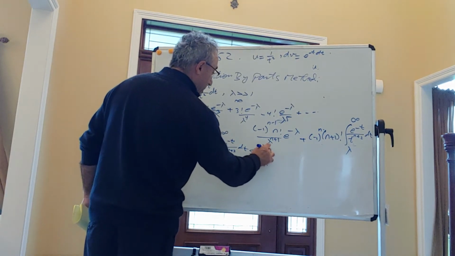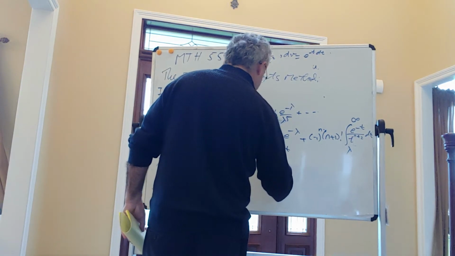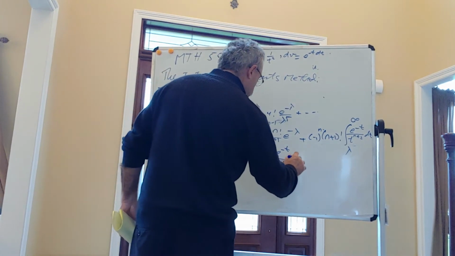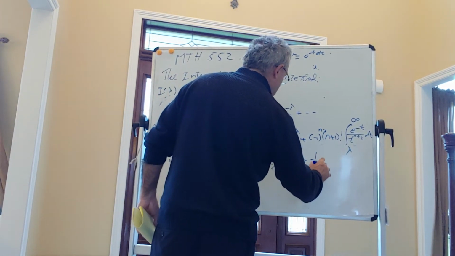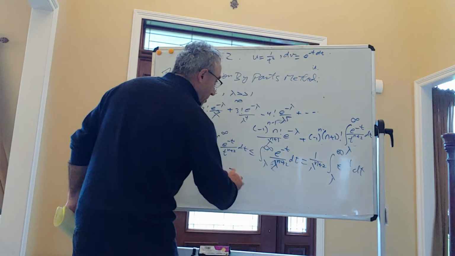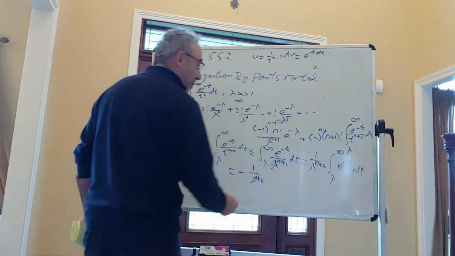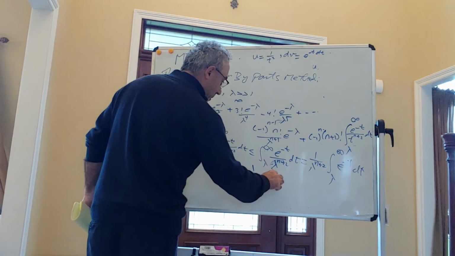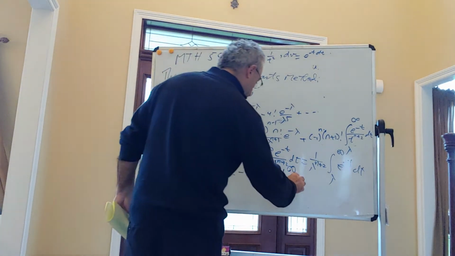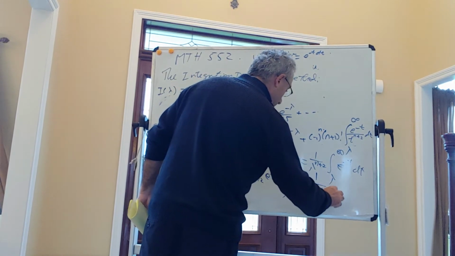This is less or equal to 1 over lambda to the n plus 2 times the integral from lambda to infinity of e to the minus t dt. Integrating that gives minus 1 over lambda to the n plus 2 times e to the minus t from lambda to infinity. At infinity this is 0, so this is going to be 1 over lambda to the n plus 2 times e to the minus lambda.